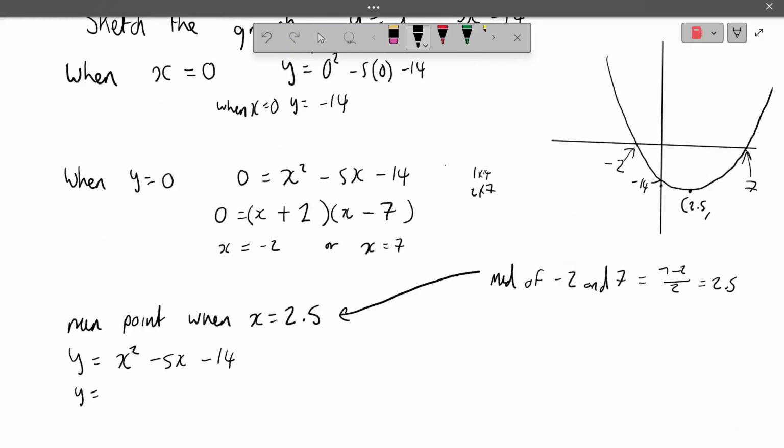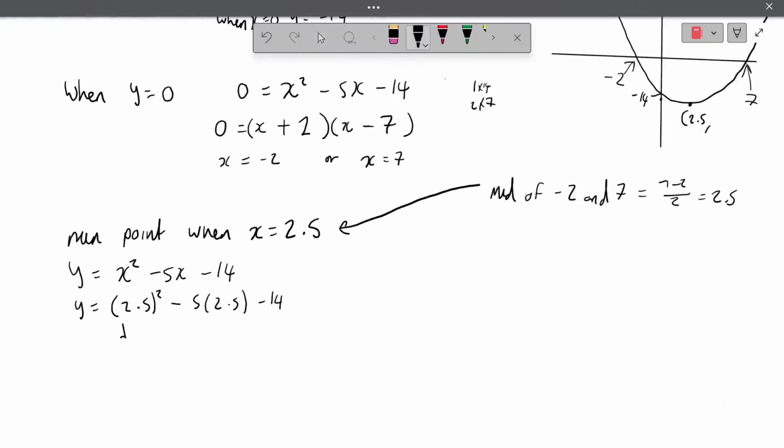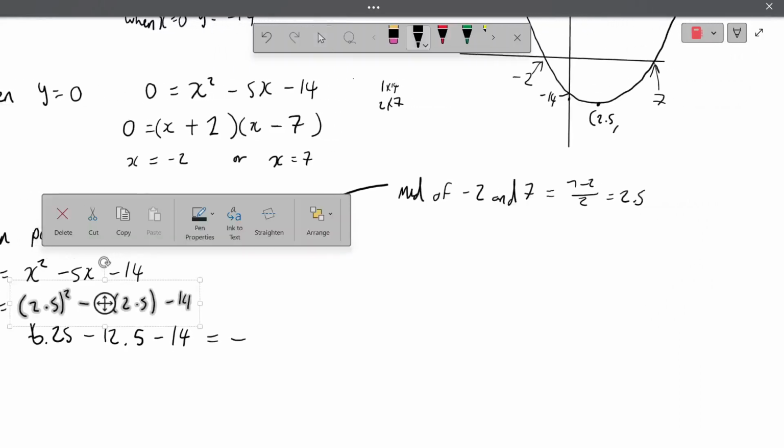So y equals 2.5 squared minus 5 lots of 2.5 minus 14. 2.5 squared is 6.25 minus 5 times 2.5 is 12.5, minus 14. And you can plug that in a calculator or work it however you like, and then you get minus 20.25.